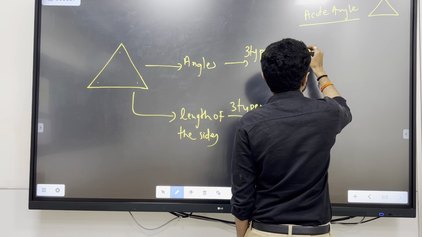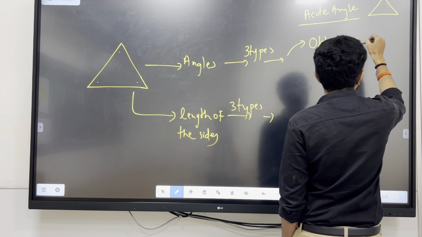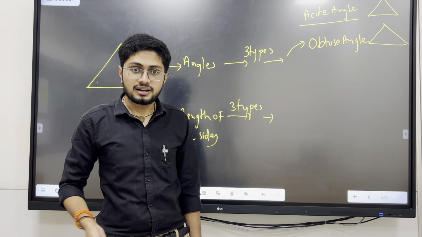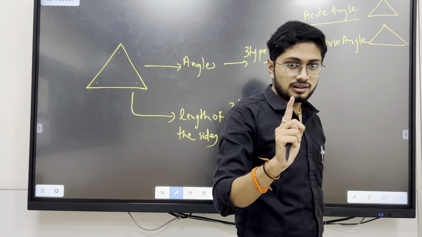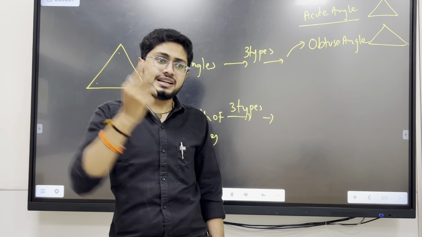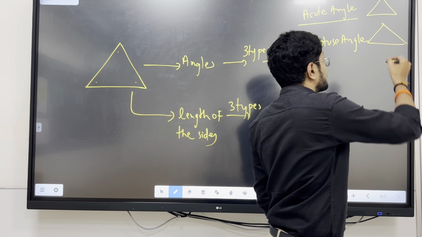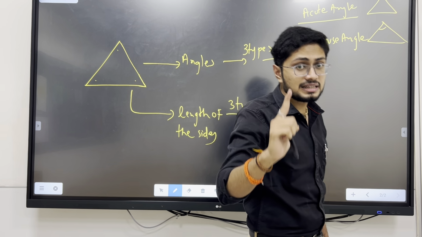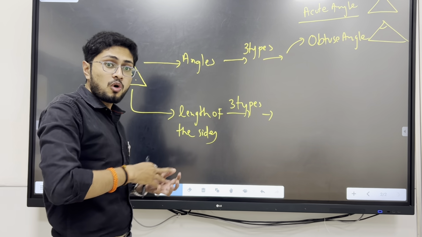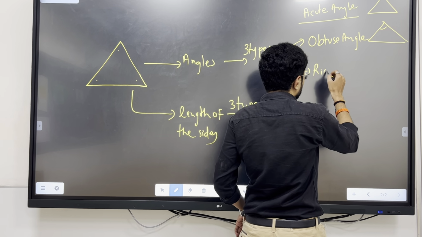Then we have the obtuse angle triangle. In an obtuse angle triangle, only one angle among the three is more than 90 degrees. The rest of the two have no criteria, but that one angle has a measure of more than 90 degrees. And the third one is the right angle triangle.